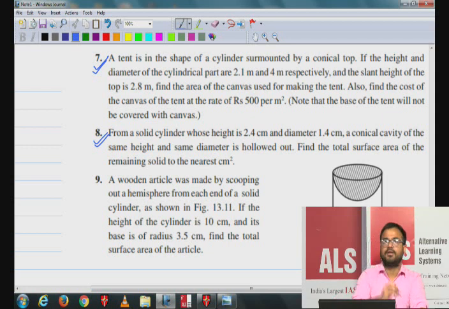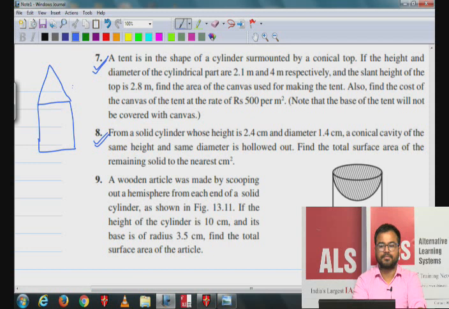See, okay, I'm solving the seventh question first. The seventh question says a tent is in the shape of a cylinder surmounted by a conical top. So there will be a cylinder like this and a conical top will be there. Height and the diameter of the cylindrical part are 2.1 and 4.